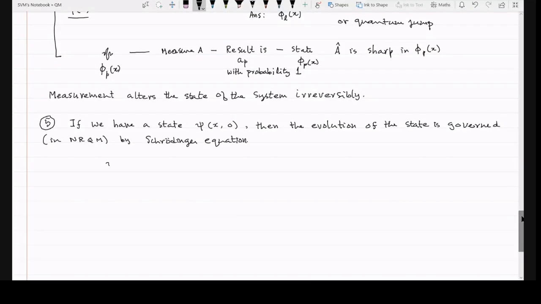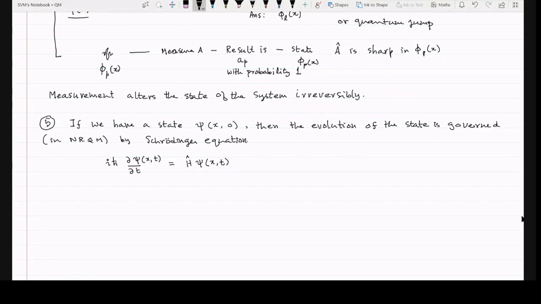You have i h cross dou psi of x comma t by dou t is equal to the Hamiltonian operator operating on psi of x comma t. Of course, I am talking about one dimension, but this is sufficient to understand the basic issues. So when you try to model a system, you always model it in terms of the Hamiltonian.